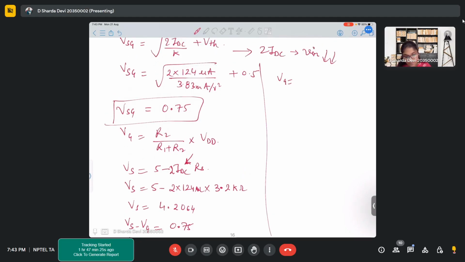VG is 4.2064 minus 0.75, which is 3.4564.